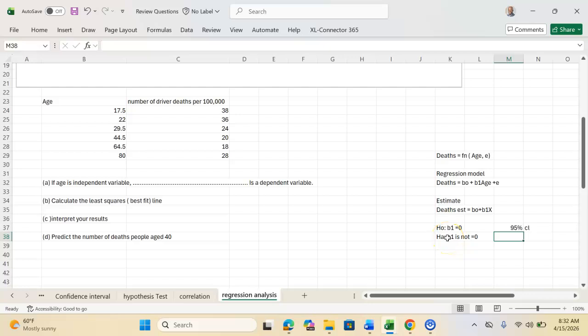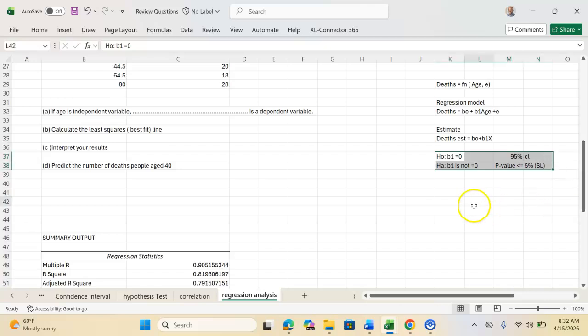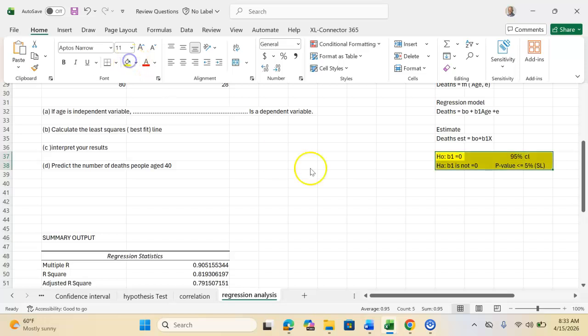The slope is significant, and therefore it shows that deaths depend on age. We reject the null if the p-value is less than or equal to the significance level, which is 5%. So it's important to show the hypothesis in this case, and that's why we learn about hypothesis. Let me highlight that.